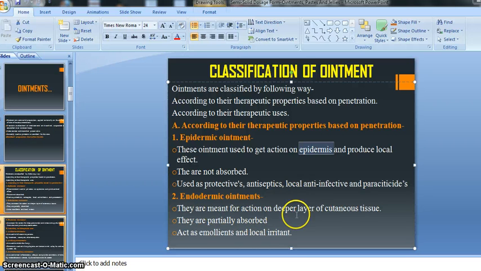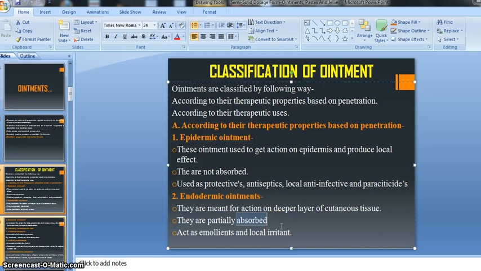Whereas when we need action on the deeper, third layer of our skin, the subcutaneous tissue, the doctor prescribes endodermic ointment. They are partially absorbed.